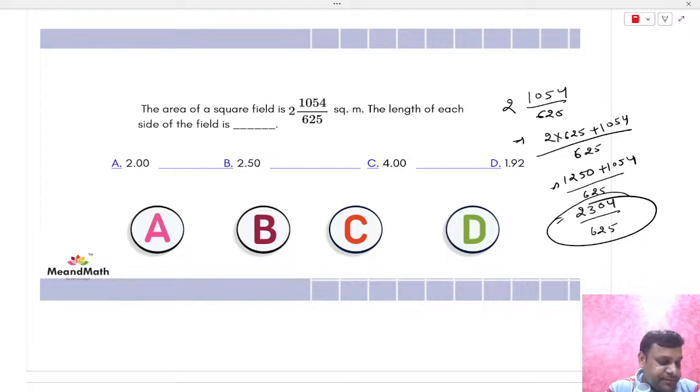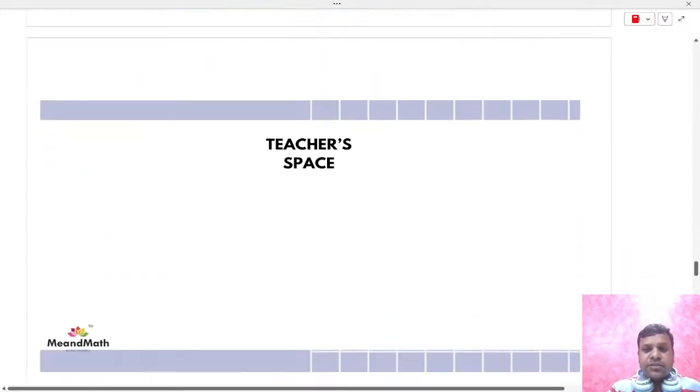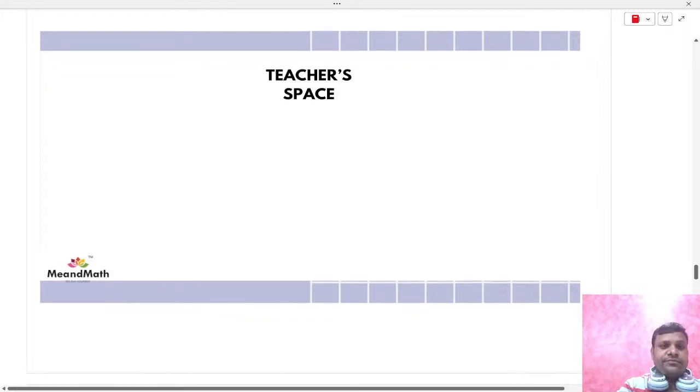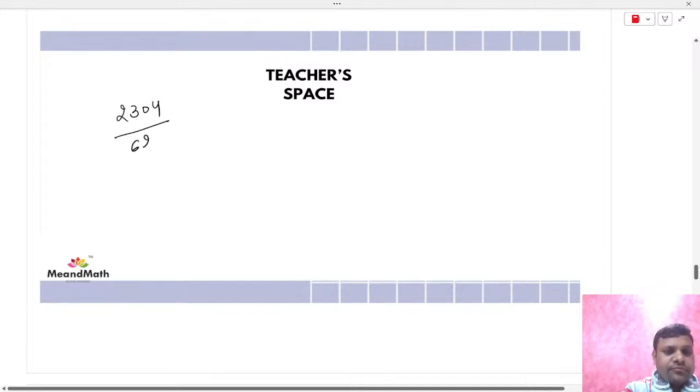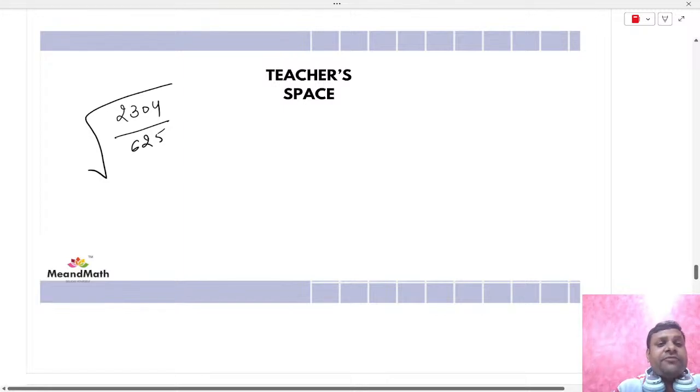So 2304 upon 625, the square root of this thing we have to find.